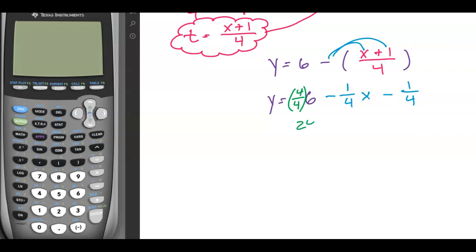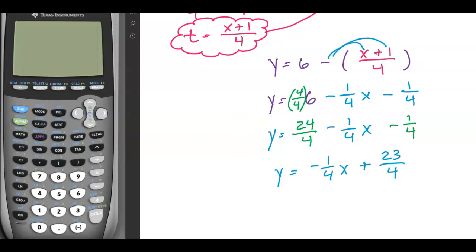So it becomes 24/4 minus 1/4, and what do we get? 23 over 4. So what is our standard form for y equals? Perfect. This is standard form.